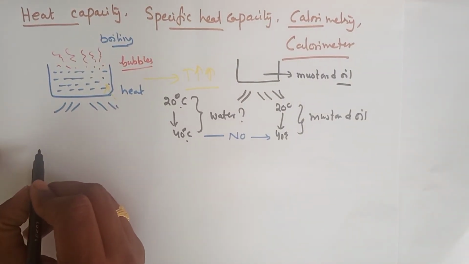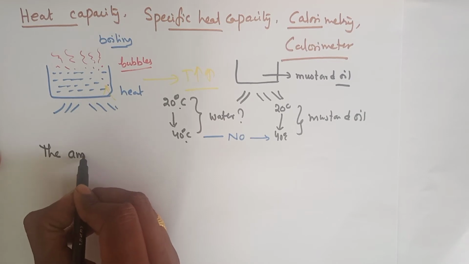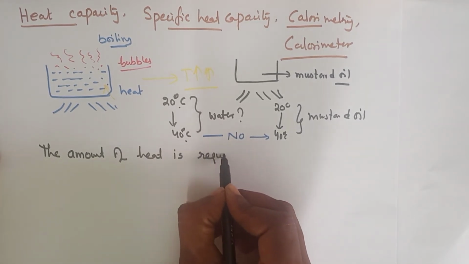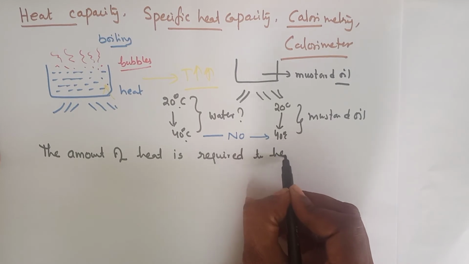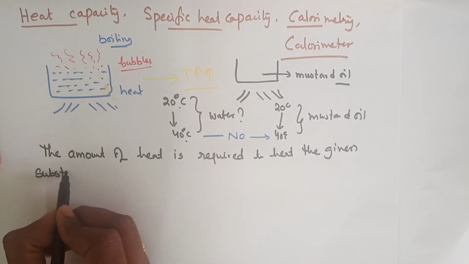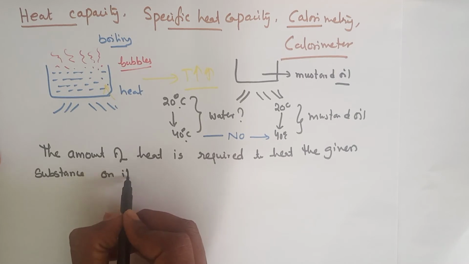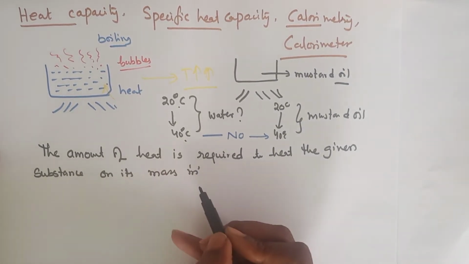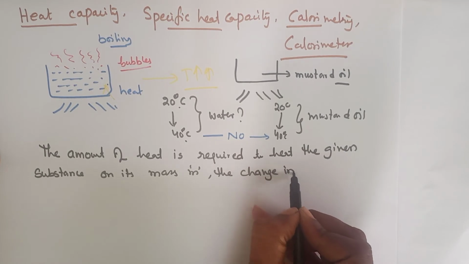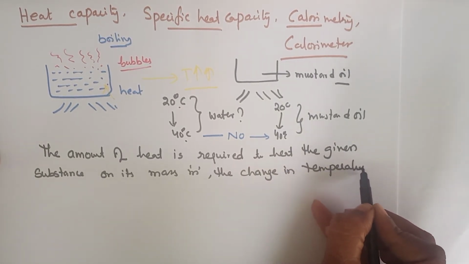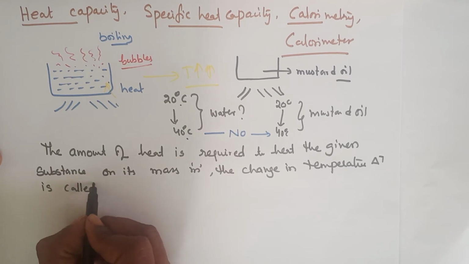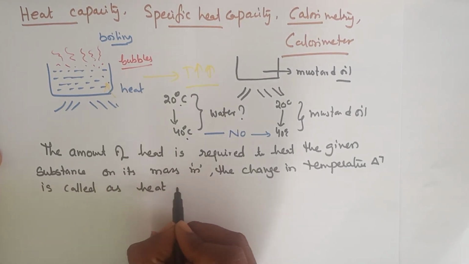The quantity of heat, or the amount of heat, required to heat a given substance depends on its mass m and the change in temperature delta T, and it is called heat capacity.